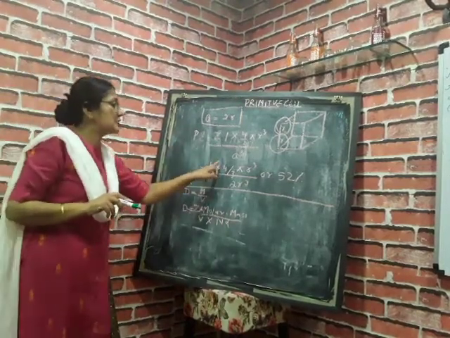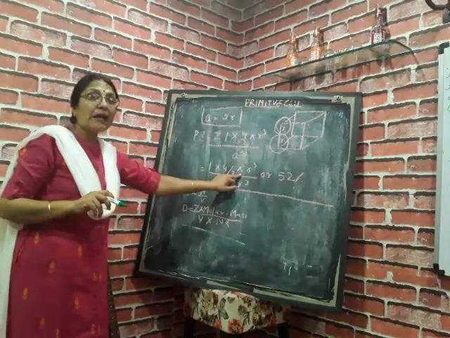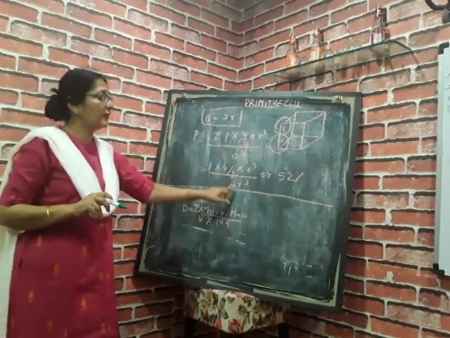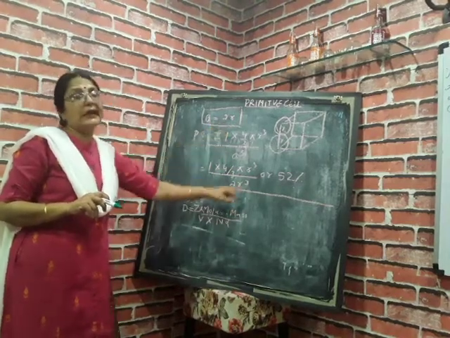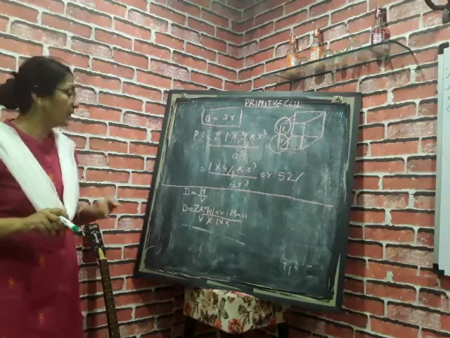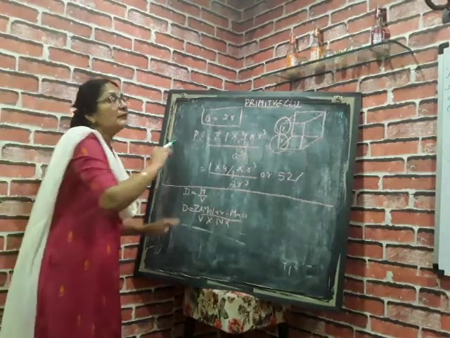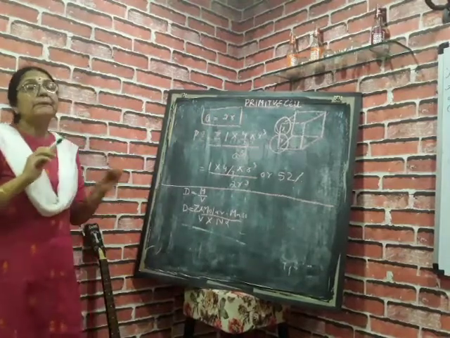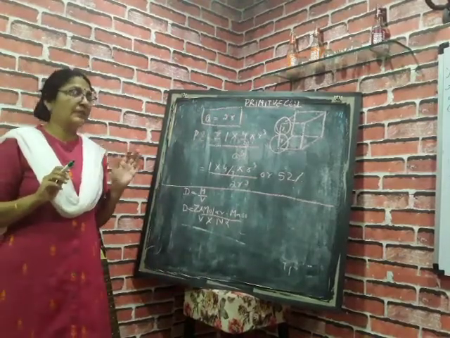So 1 into 4 by 3 pi R cube upon 2R whole cube. Instead of A, I have written 2R. And I got 52%, least economical. Now you can derive all the three packing efficiencies.